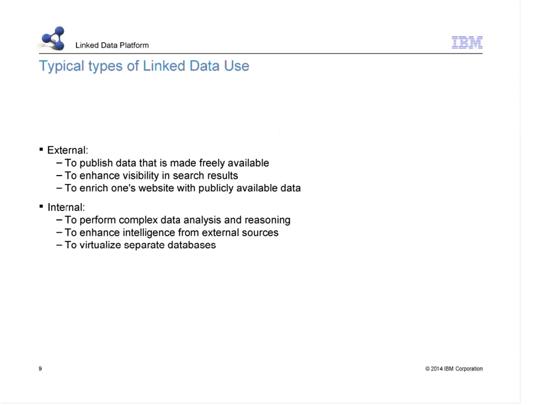So in fact, when you look at the different types of use of linked data, there are quite a few. There are the external ones that are typically part of the linked open data movement, primarily publishing data, but also used to enhance visibility in search results. What I'm talking about here is the trend with the schema.org people, which you must be aware of.